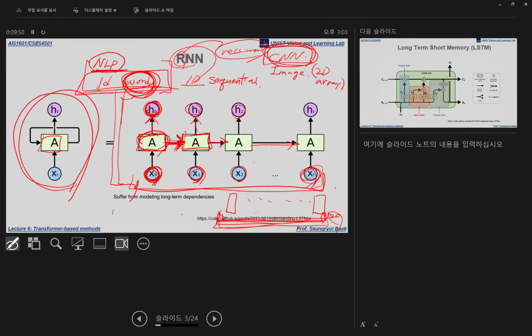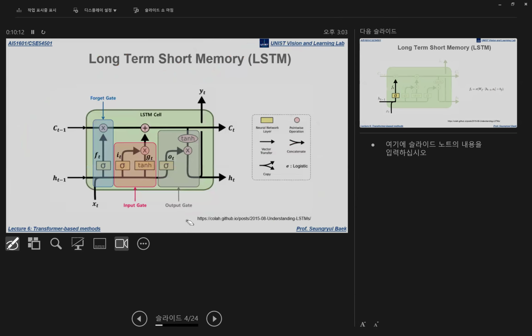So the RNN algorithm has limitations at this point. If the sequence is getting longer, the gradient is not stable because of the vanishing gradient, so the entire RNN training is not becoming stable.